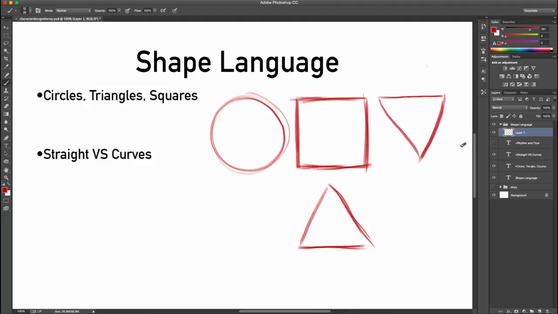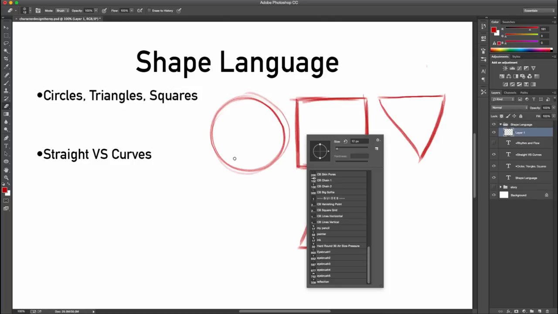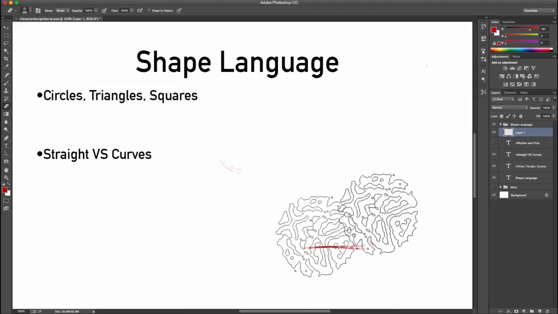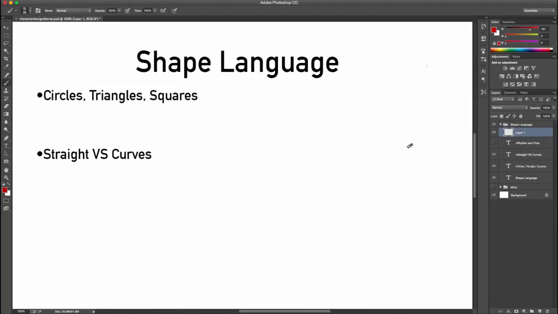So next is straight versus curves. Straight versus curves is a way to have a really nice balance of appeal, so you don't get cluttered. These are 2D design principles, but they translate very well into 3D.